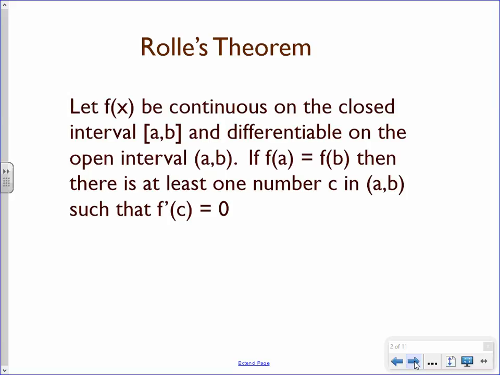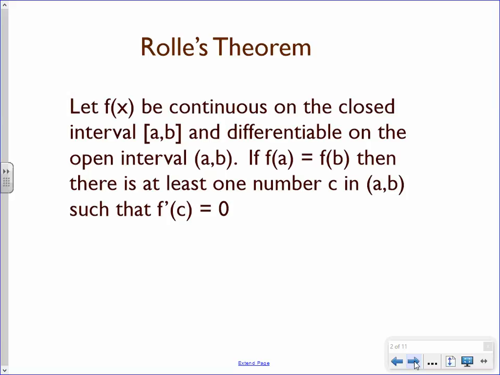So first of all, our graph has to be continuous and differentiable. If it is not continuous and differentiable on that interval, we cannot use this. As long as we're continuous and differentiable, then if our A and B values have the same function value, which means those 2 points are at the same height, like they were on our picture on the previous slide, then there has to be at least one point in between A and B where the derivative is 0.